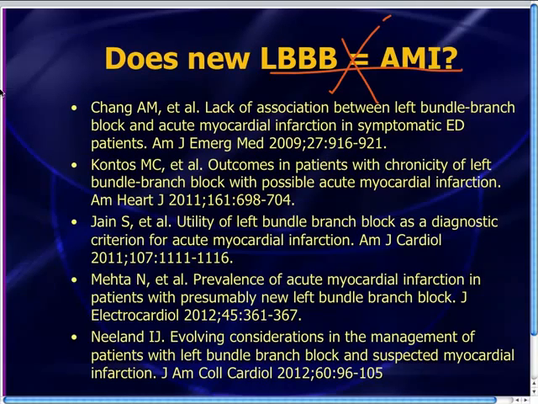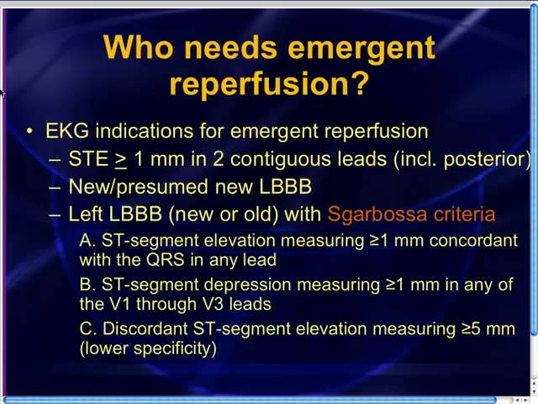It's a very, very nice read for not only cardiologists, hopefully they will read it, but for any emergency physician or any other type of acute care provider who might be dealing with chest pain or anginal equivalent patients presenting with a new left bundle. Very, very important article. All right, so let's move forward.